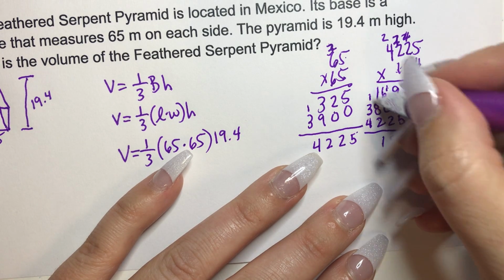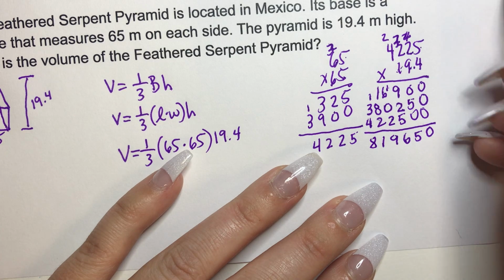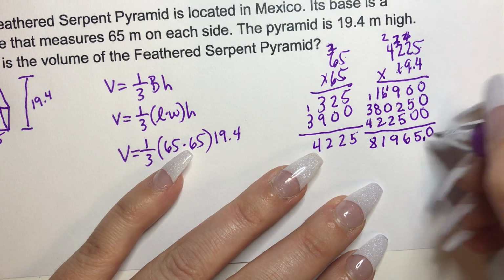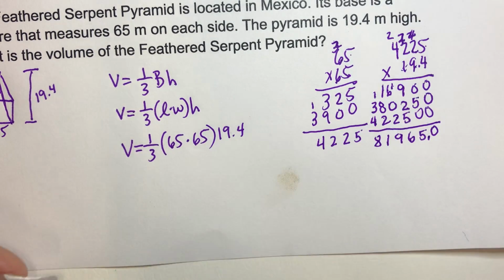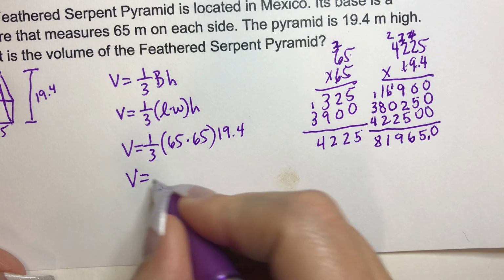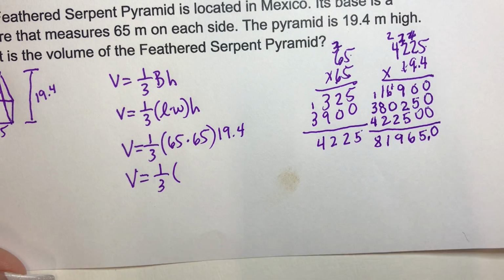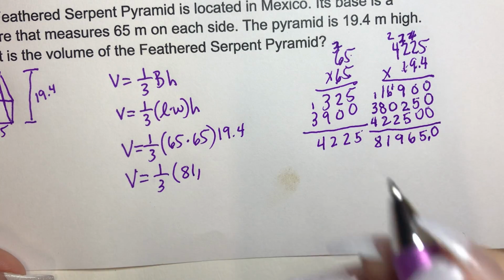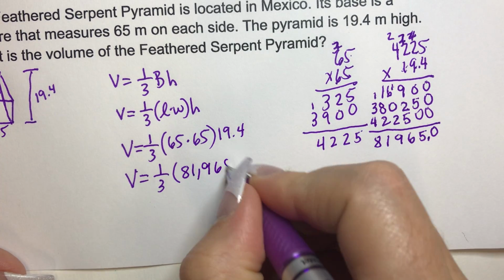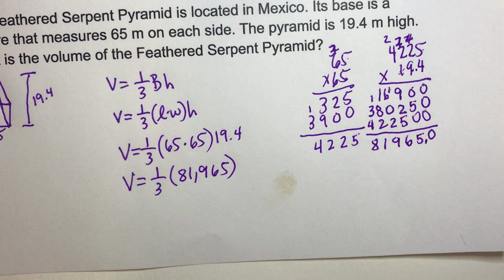And 4 plus 3 is 7, plus 1 is 8. And we have 1 decimal place. So all of this ends up being 1/3 times 81,965. Okay, now we just need to divide it by 3.